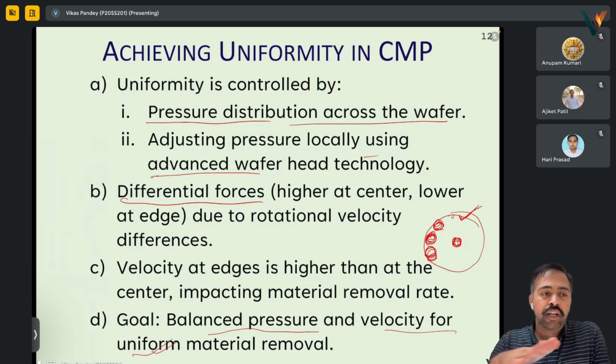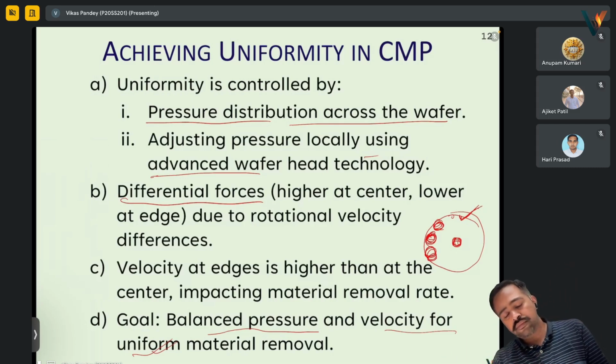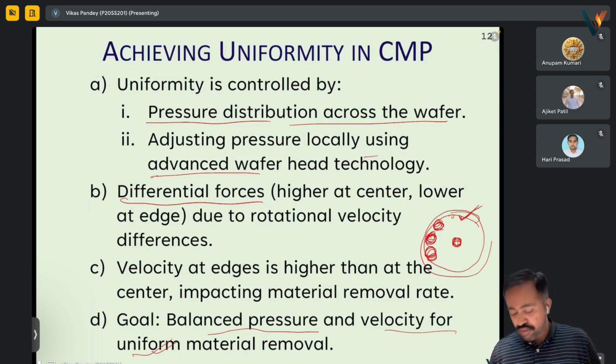Once we have achieved that locally, we will go for the global one. In the global case also, if we have a single pad, we cannot have a uniform force. So the force will also vary. In the center it will be high, and on the sides it will be lower, because we have different speeds, different velocity, that will lead to different values of erosion or material removal.